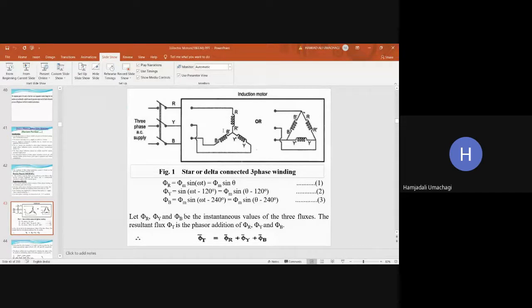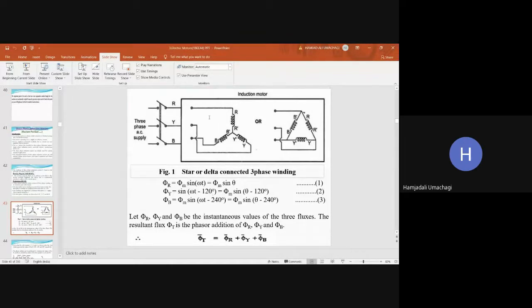Similarly, the next flux, produced along the Y axis, has the formula φy = φm sin(ωt − 120°), meaning it has a 120-degree phase shift with respect to the flux of R phase. Similarly, the flux produced by the B phase is φb = φm sin(ωt − 240°), or φm sin(θ − 240°), where ωt is θ here. So all three fluxes are displaced by an angle of 120 degrees with respect to each other.